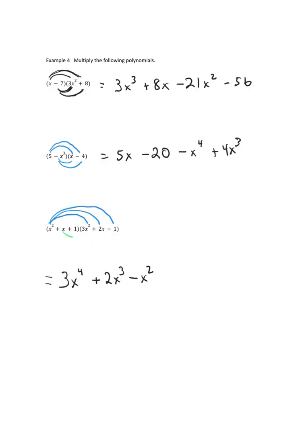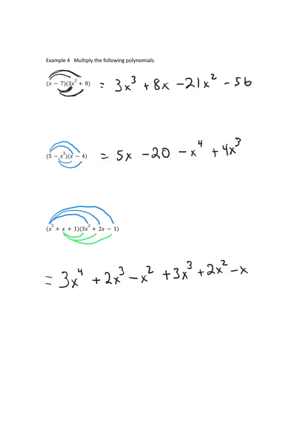Now we got to do the middle term by all three. Okay, so x times 3x squared would be plus 3x cubed. Then x times 2x would be plus 2x squared. And then the last one would be minus x. All right, so we kind of have a triple claw.